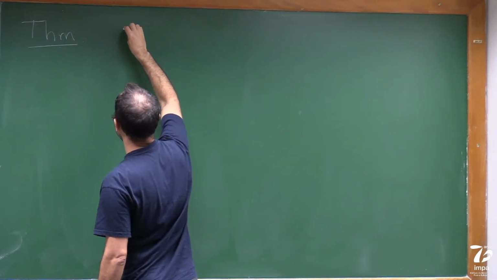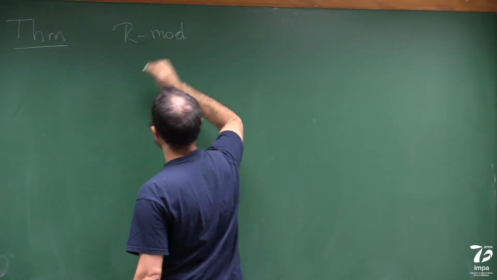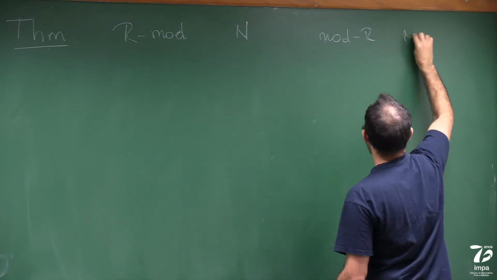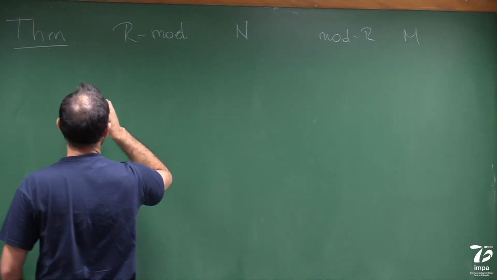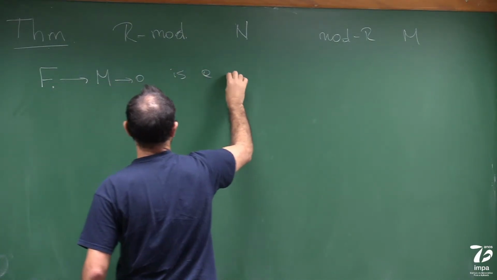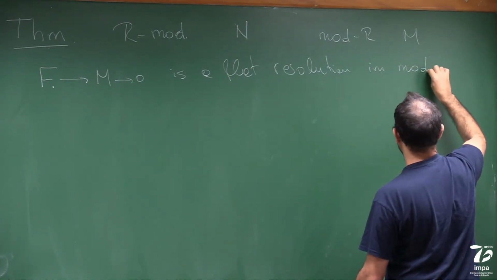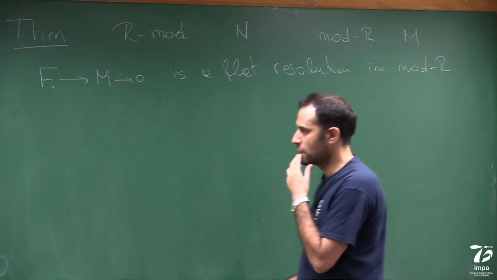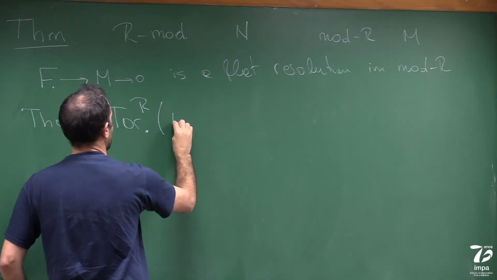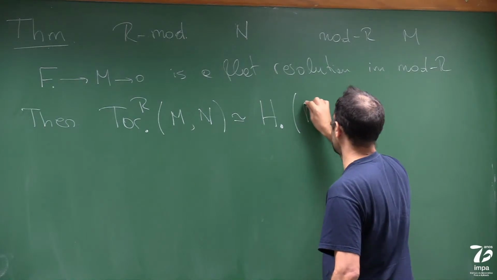Let's say that you have a ring R, and you have an R module, I think I was using M, and then N in mod R. Suppose that you give me a flat resolution of M in mod R. Then Tor_R of M and N is the same thing as the homology of the complex that you obtain by taking this tensor product.